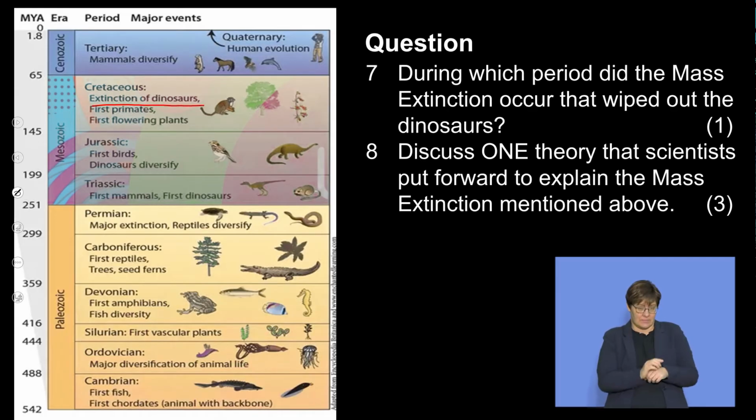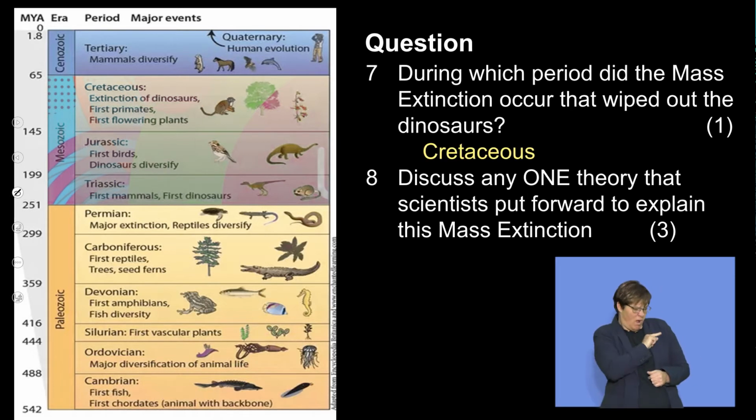So that would have been 65 million years ago. And then discuss one theory that scientists put forward. That would be the asteroid impact, volcanic action, or climate change. And you would need to not just name the theories, but actually explain a little bit about how they would have led to a mass extinction.